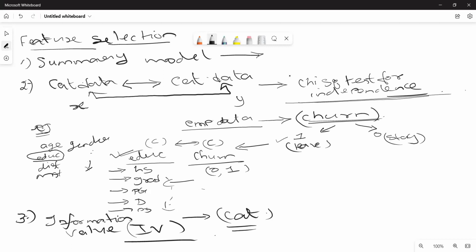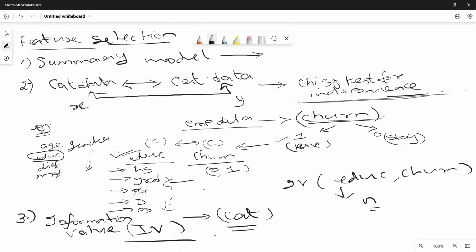You have an inbuilt function to find out information value for a given category. So if I write information value on education with respect to churn, it will return a number.